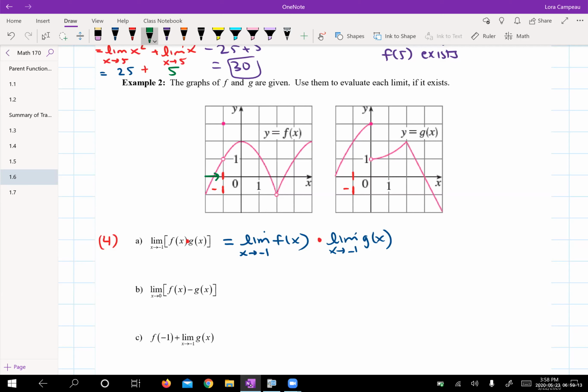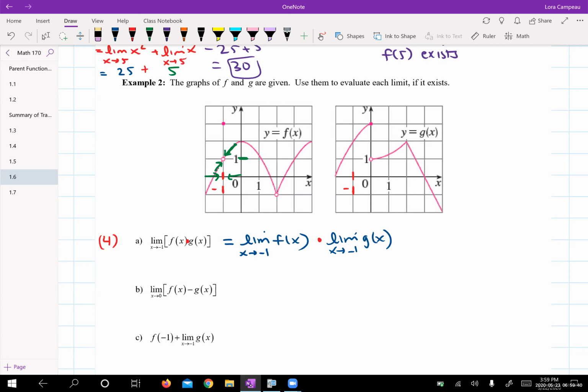If you're looking at x values, it appears that the y values are approaching +1. So that's coming from the left, a one-sided limit. If you're also looking from the right-hand side, looking at the corresponding y values, in all cases, it seems like they're all approaching +1.